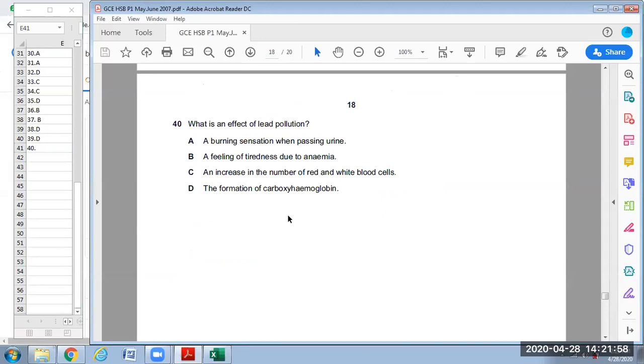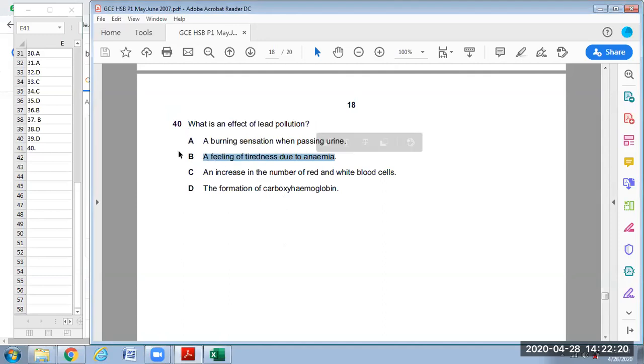40. What is an effect of lead pollution? Lead is found in paint. So what happens with lead? A burning sensation when passing urine? No. A feeling of tiredness due to anemia?